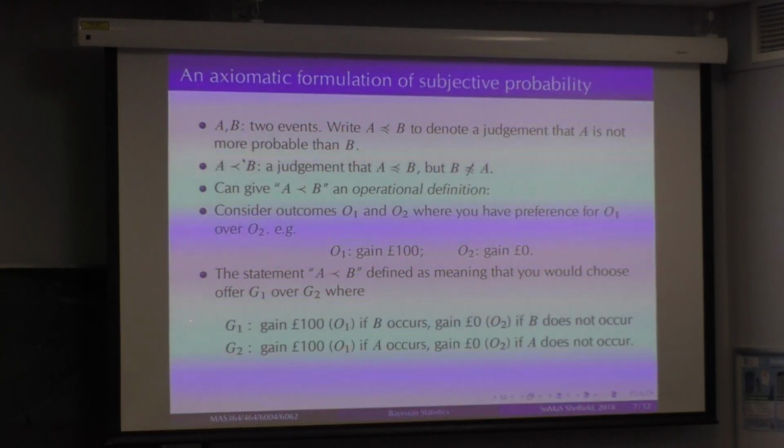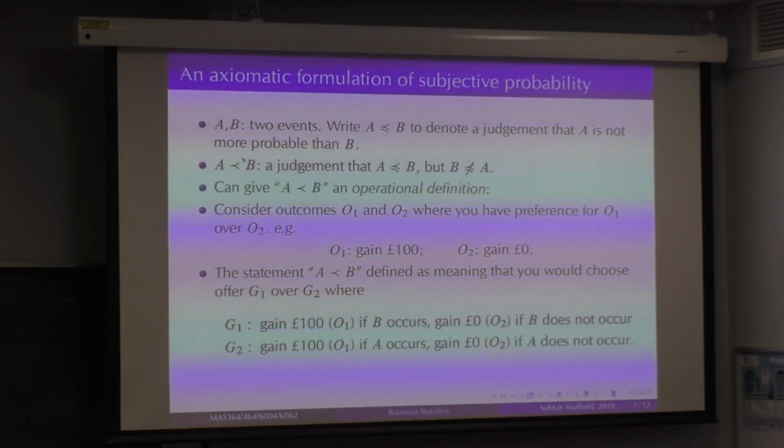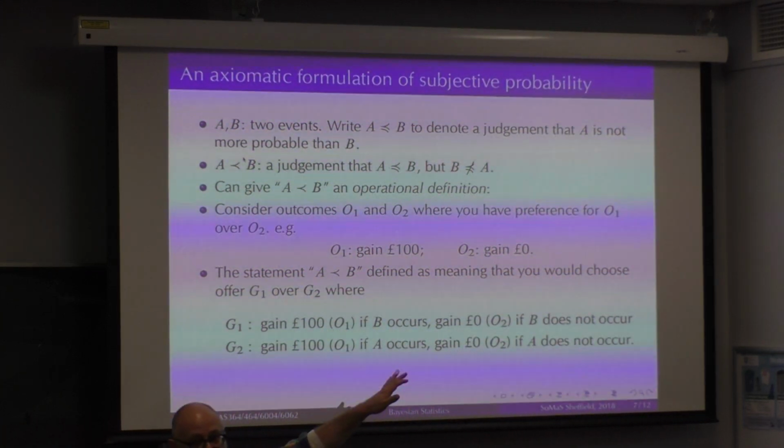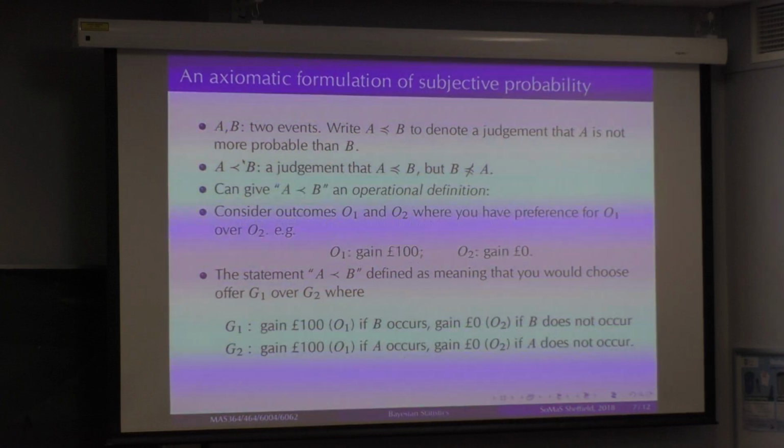And whenever you choose one over the other, it means for you that you would judge this one to be more probable than that one, right? So this is again just a mathematical way of formalizing how to construct subjective probabilities on events, okay?